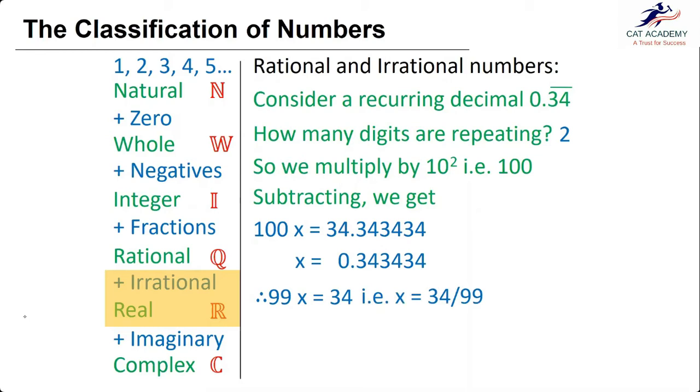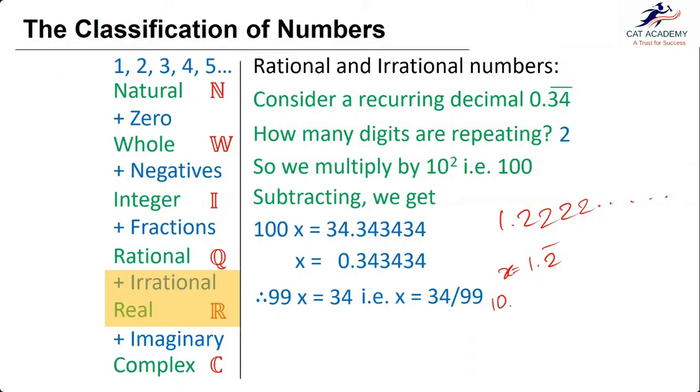So similarly, if I say 1.22222, that is 1.2 bar. So how many digits are repeating over here? Only one digit is repeating. So by what number should I multiply this? If only one digit is repeating, then I should multiply by 10, correct?